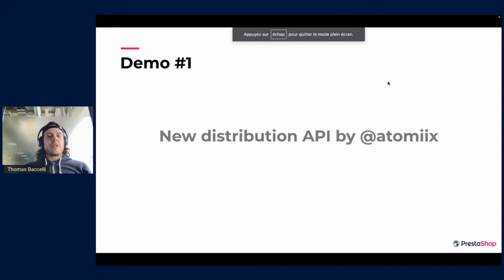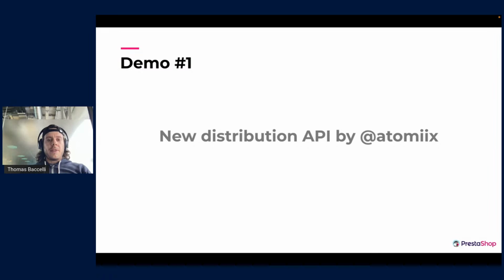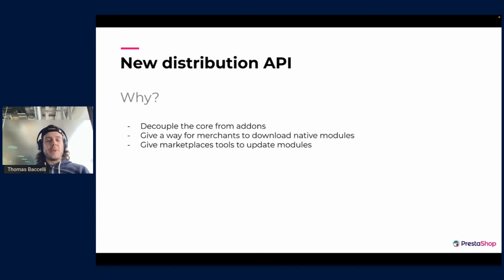All right. So I'm going to talk about the new distribution API. And the first question is, why do we need a distribution API? As you might know, with PrestaShop 8, we're going to try to make the open source project completely independent from the PrestaShop company. To do so, we need to decouple the core from the add-ons API, because today we are relying a lot on the add-ons API.